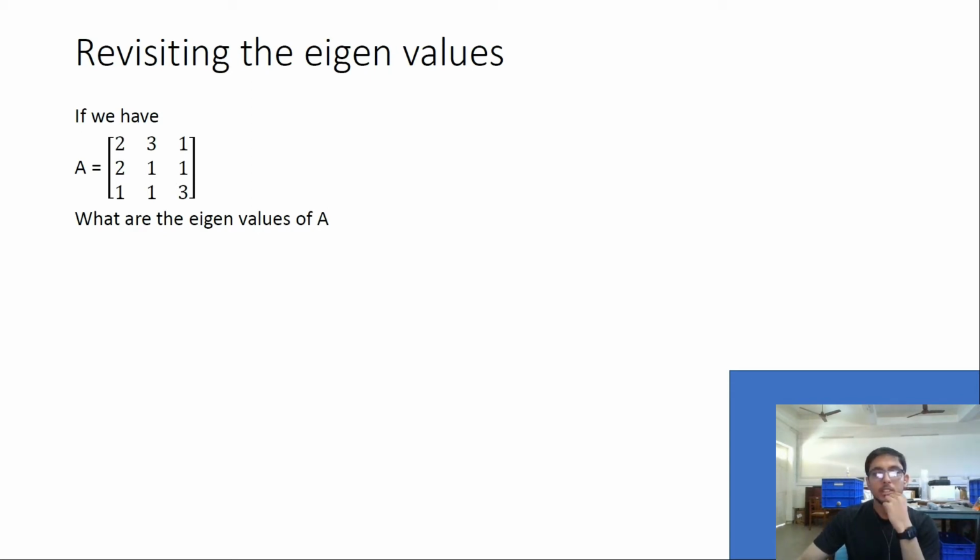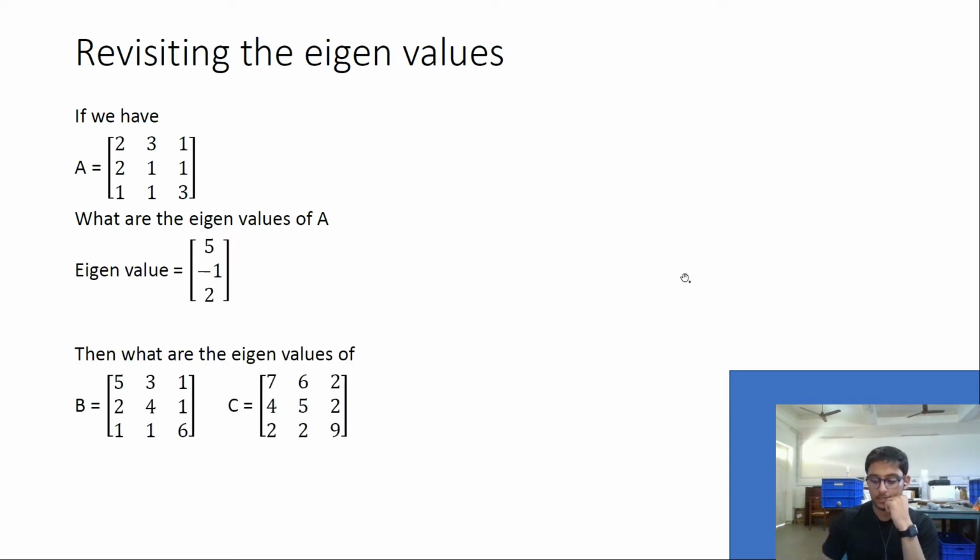Okay, so let's not wait on this for too long. If you are solving it, you can check later whether you got the eigenvalues as 5, minus 1 and 2. So this is the answer.